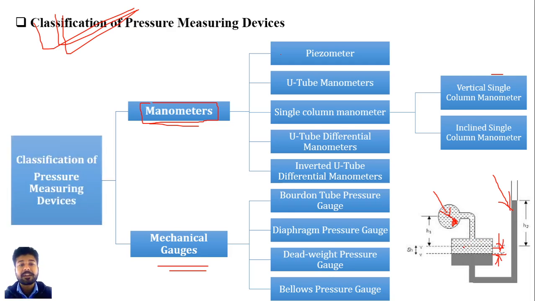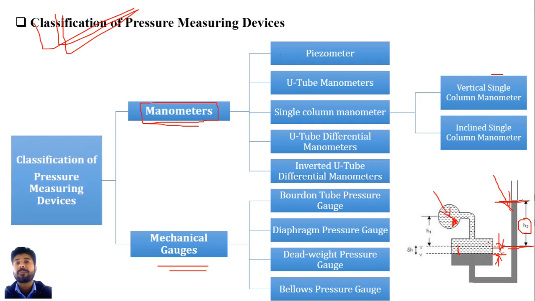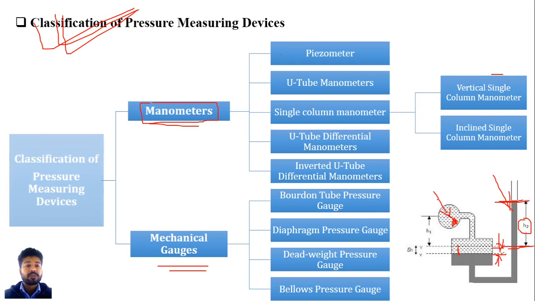A small change in pressure in this reservoir is reflected as a larger height change in the right limb, that is H2. The main application of this single column manometer is where there are small changes in pressure. To measure small variations of pressure, we need to use this single column manometer.